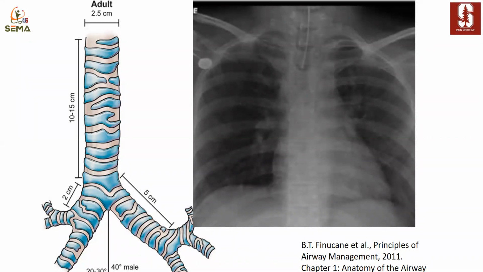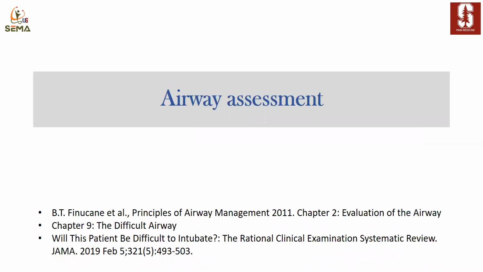So this is a classic chest X-ray. Here, you can probably see the carina, and then you see the endotracheal tube just where we would like to see it, 2 to 3 centimeters above the carina. So that's briefly some airway anatomy.